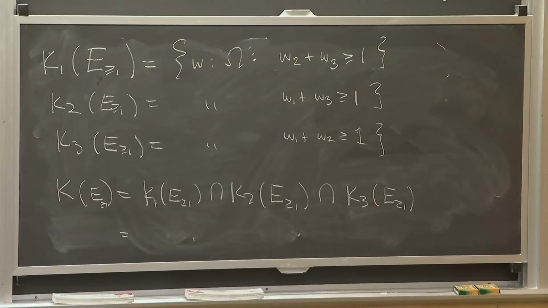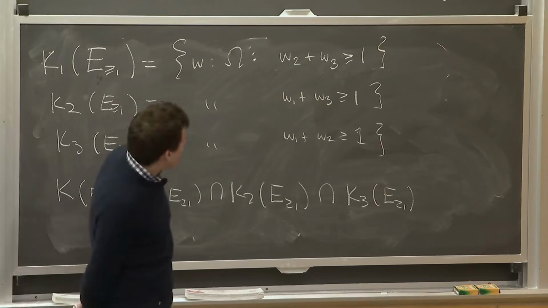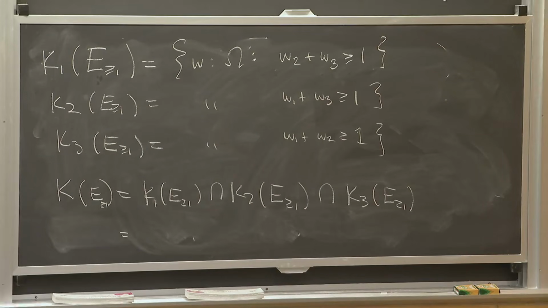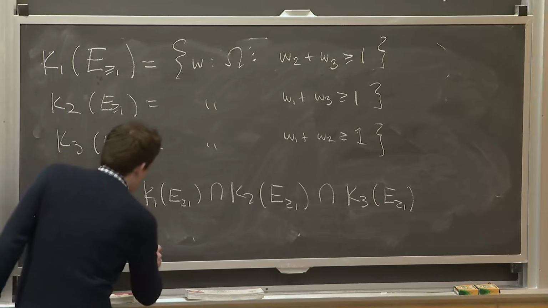W1 plus W3 has to be at least 1. And W1 plus W2 has to be at least 1. It turns out this is exactly going to be the event that at least 2 hats are red. Let's see how we can see this.